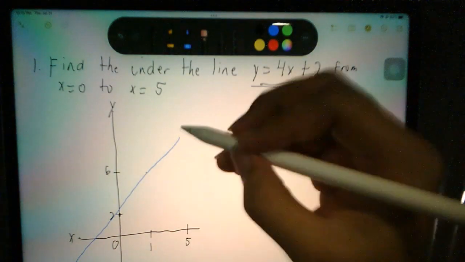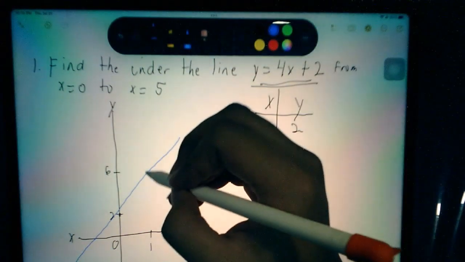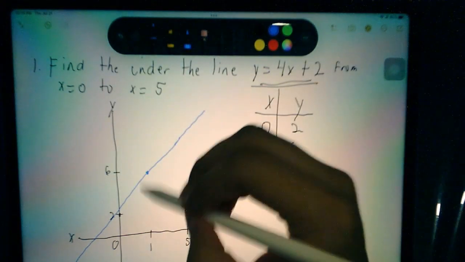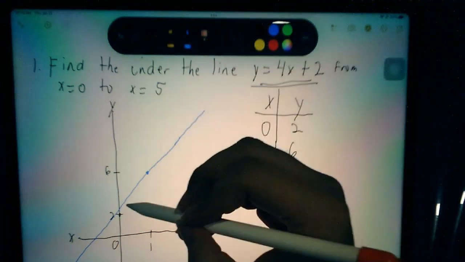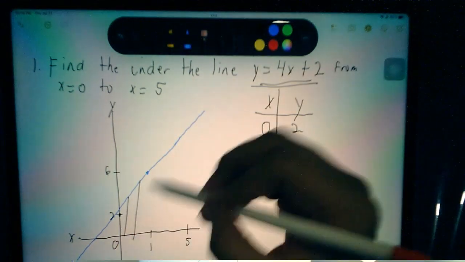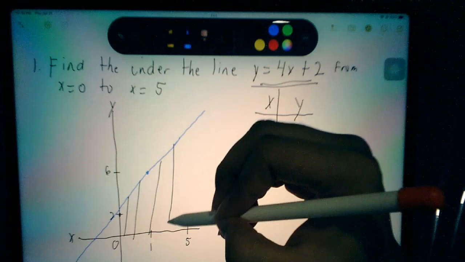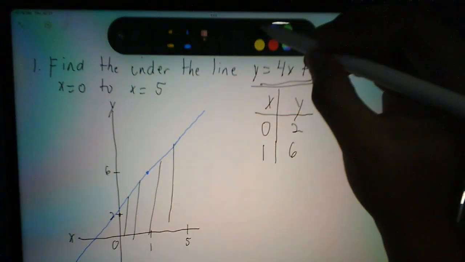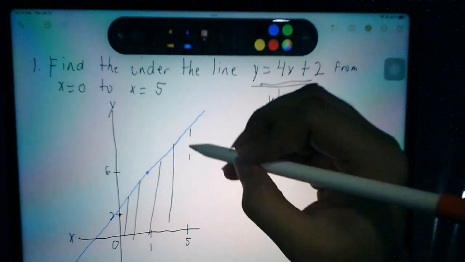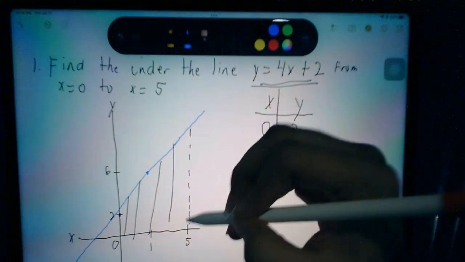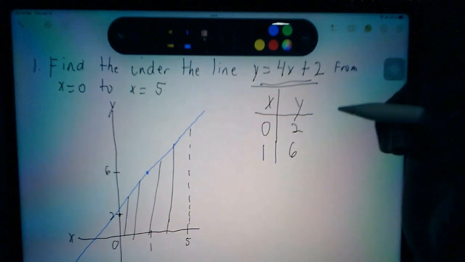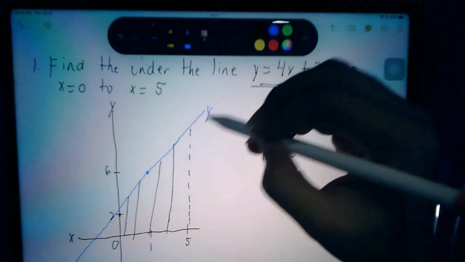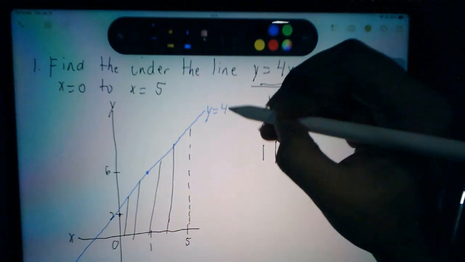And the area is this, bounded from the point 0 to 5. So let's say this is bounded. Now our line here is y equals 4x plus 2.